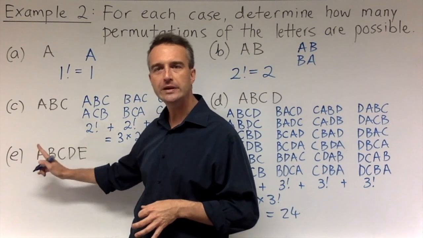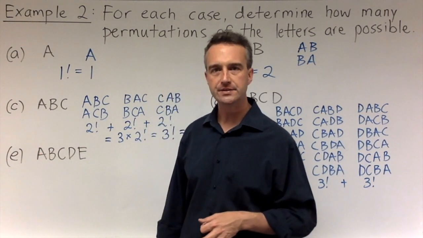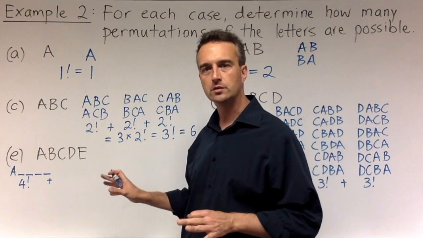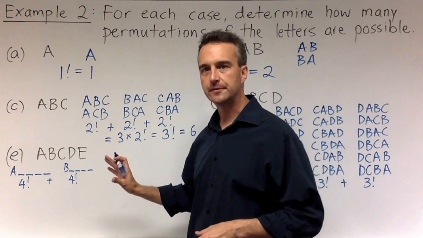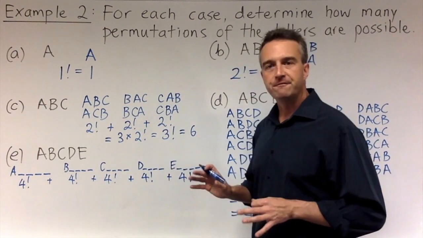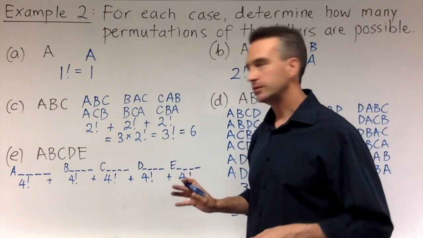The first group, if we put A first, there would be factorial 4 ways of writing permutations with A as the first letter. That's how that would look. And then factorial 4 permutations with B as the first letter. And so on all the way down to the case where E is the first letter. Factorial 4 added together 5 times will give us 5 factorial.